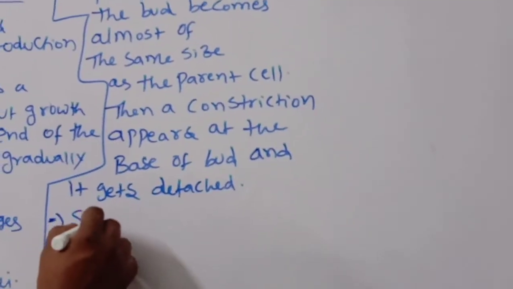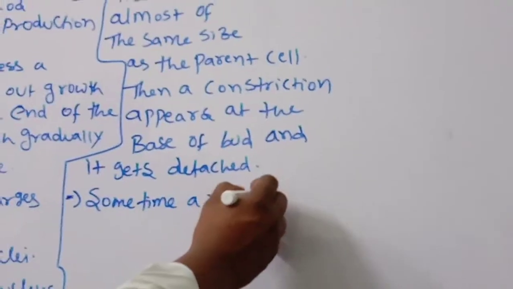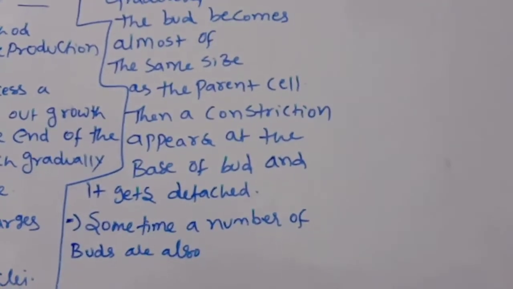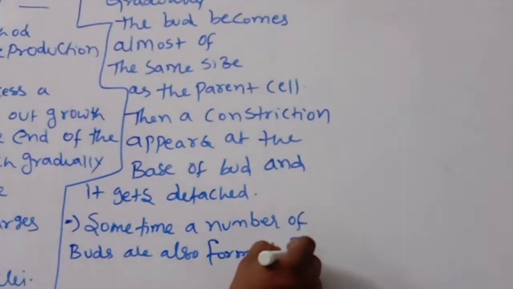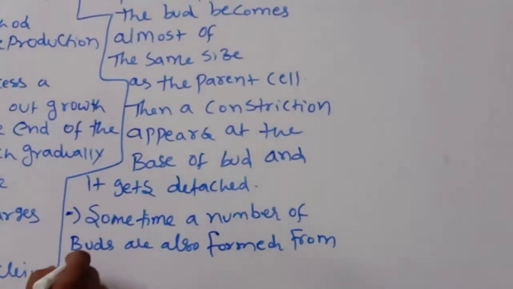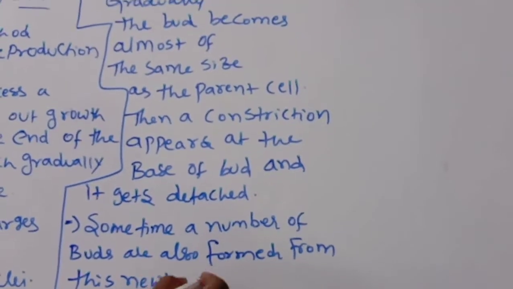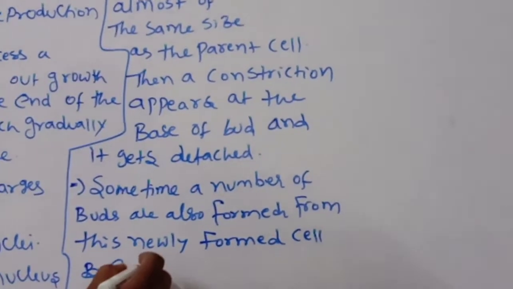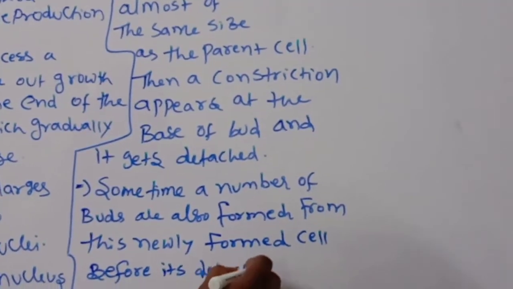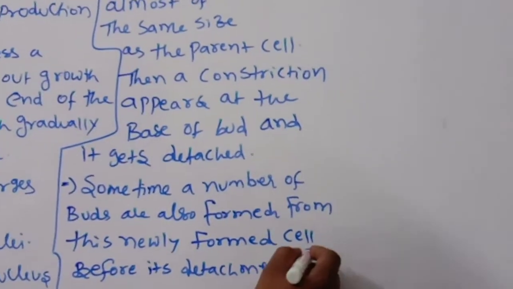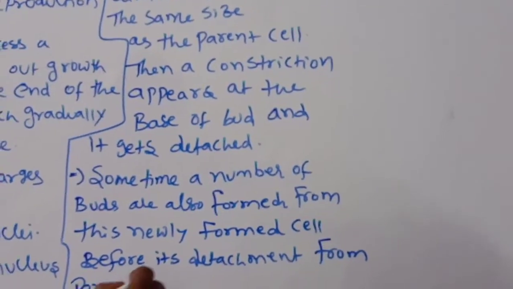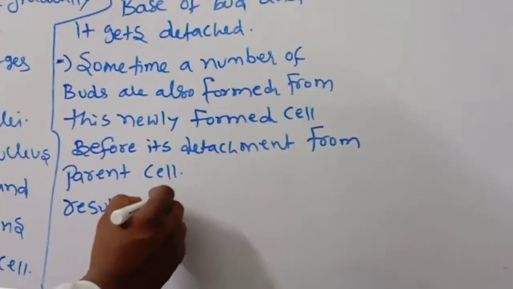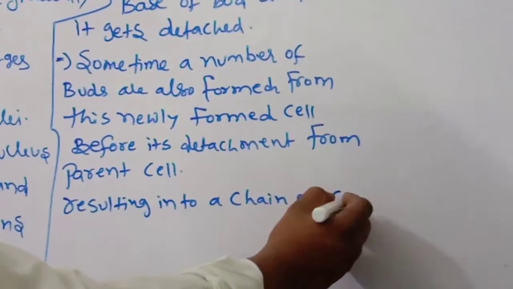Sometimes a number of buds are also formed from this newly formed cell before its detachment from the parent cell, resulting in a chain of cells.